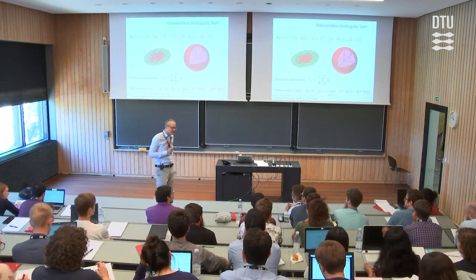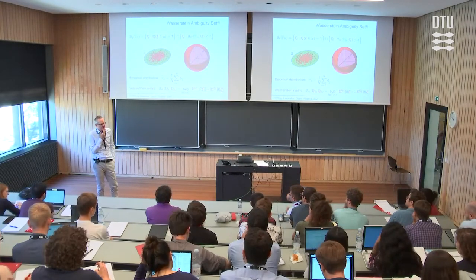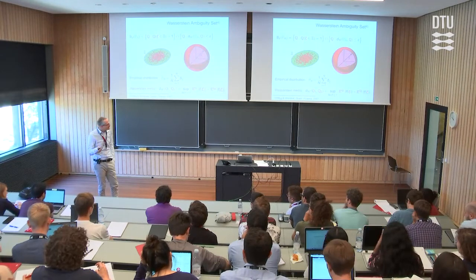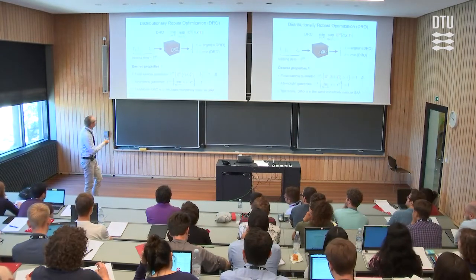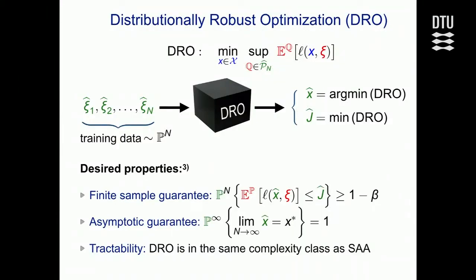Question? Is it correct to say that the worst distribution always located in the border of the ball or not? That's correct, because look at the inner problem here. Okay? The inner problem here, the problem that nature solves, it's a maximization problem over all distributions in some set. The set is a ball, so it's a convex set, right? And the objective function is an expectation.